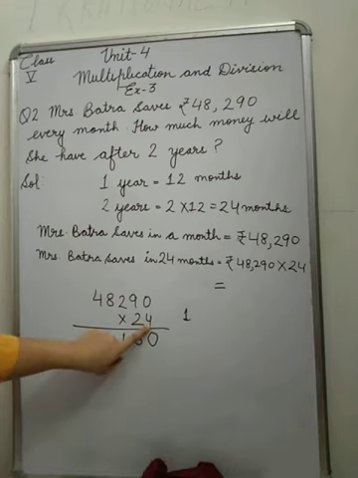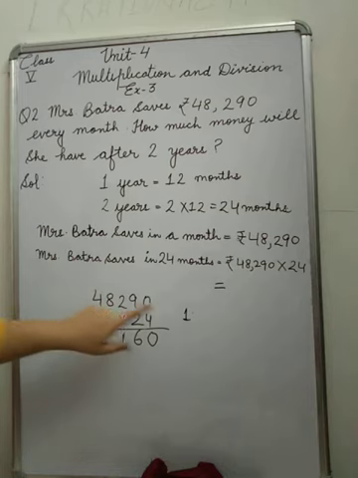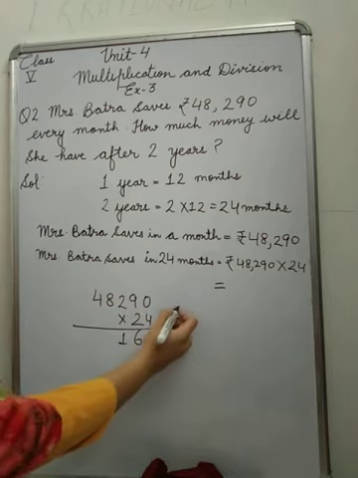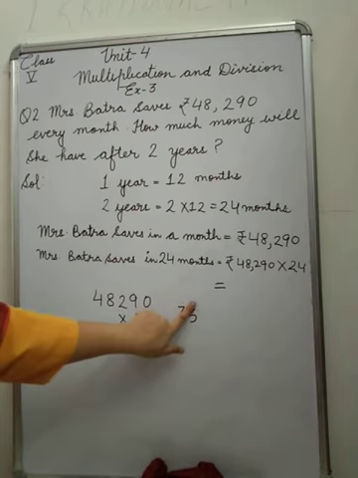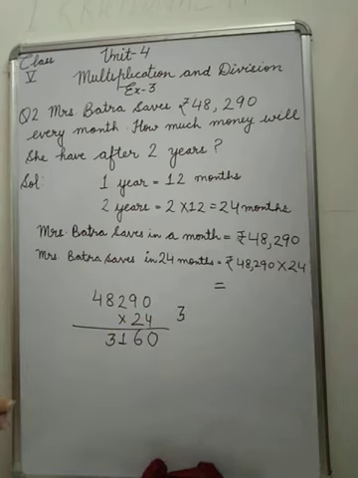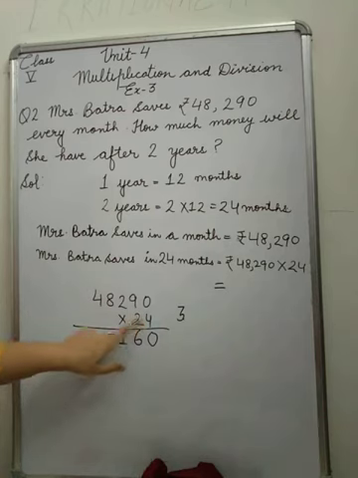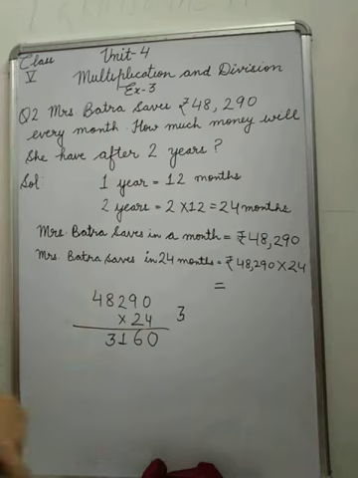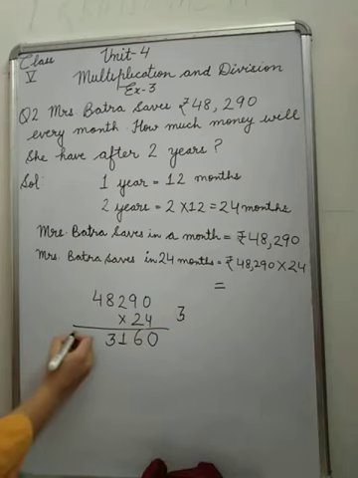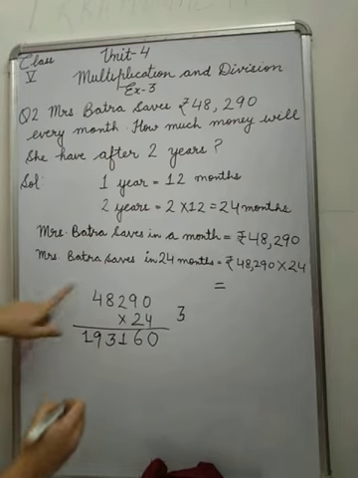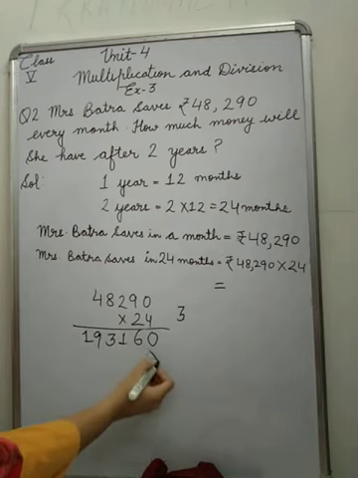Now see, 4 8s are 32 plus 1, that is 33, so that 3 will come here, 3 is carry. Now see the next. 4 4s are 16, 16 plus 3 is 19, so write 19 here, because no number is there.